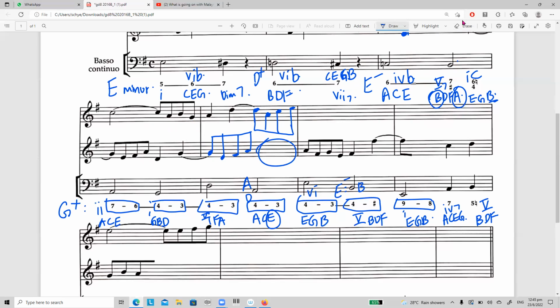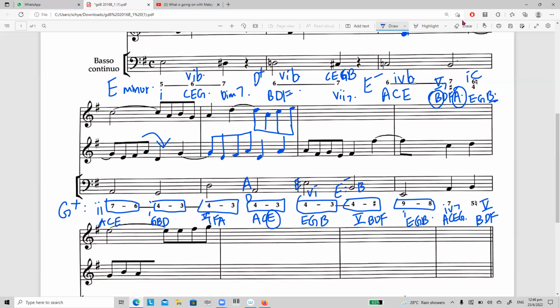Oh, sorry, the middle line hasn't been done yet. So the middle line, this one is going down. The previous bar is going down, so I go down. And then after that, the next note, I will choose A. The reason why I choose the A is because you have another suspension here.